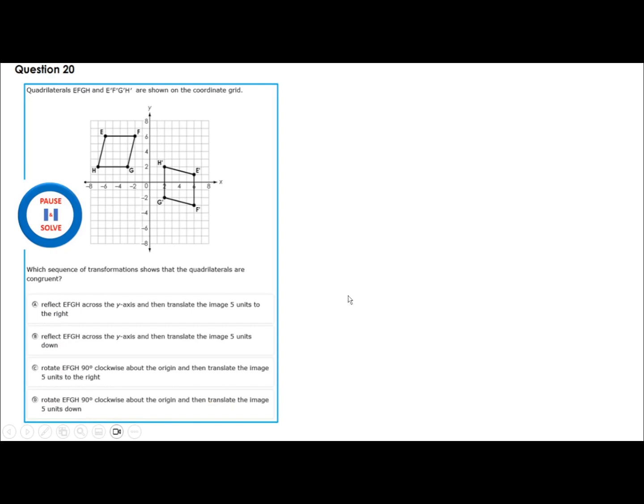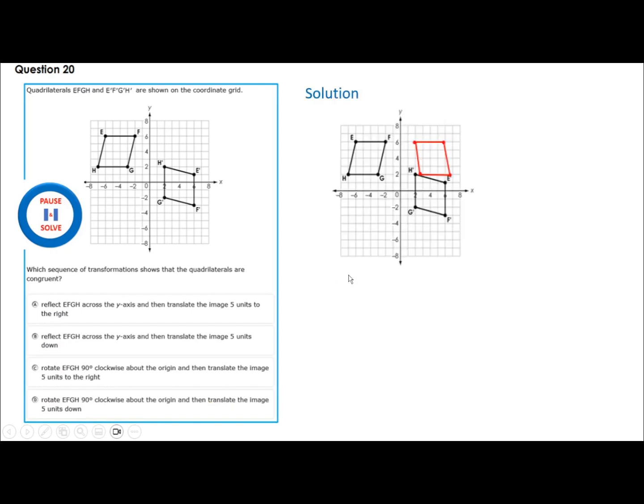So let's see, solution. We're talking about now option A, reflect EFGH across the y-axis. This is a reflection across the y-axis. Translate the image 5 units to the right. Then if I translate this 5 units to the right, I get here. So that's not a good answer. Let's look at B now. Reflect EFGH across the y-axis, again the same thing, and then translate the image 5 units down.